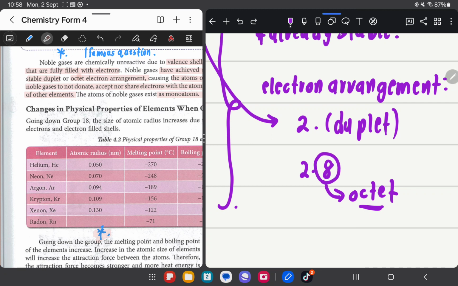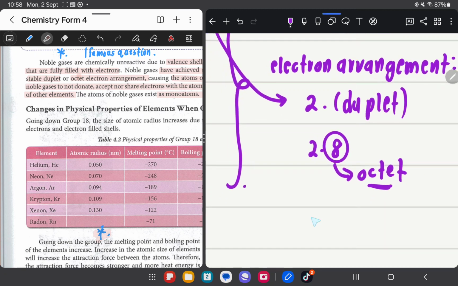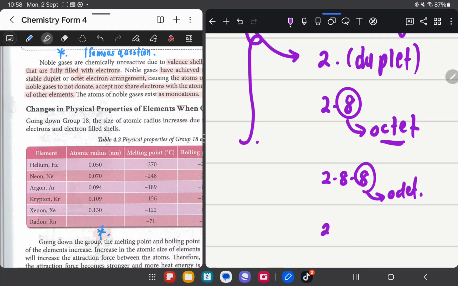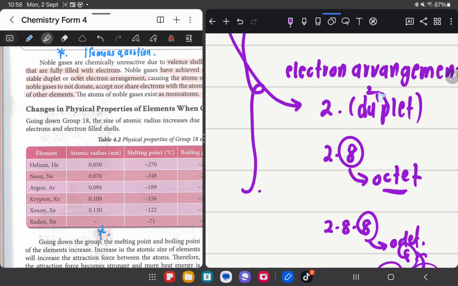So when we see the second shell full, we call this an octet. If you have 3 shells and the third shell is also full with 8, it is an octet. Let's say you have 2.8.8, you see the valence shell is still full, so this is an octet. Octet refers to 8, and duplet refers to 2.